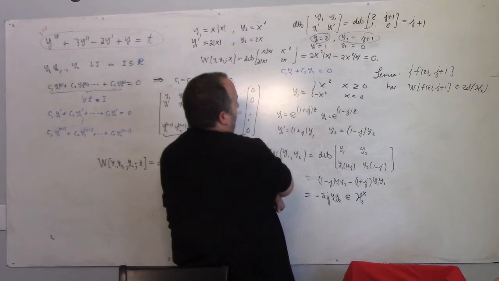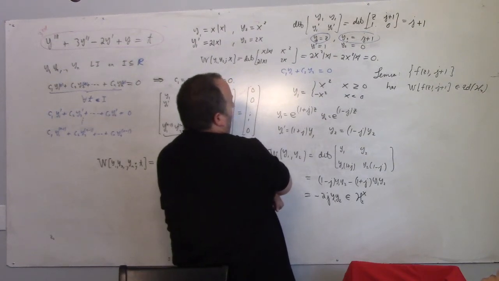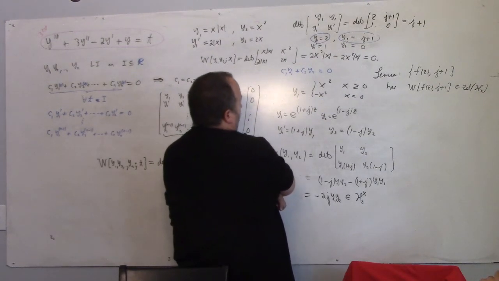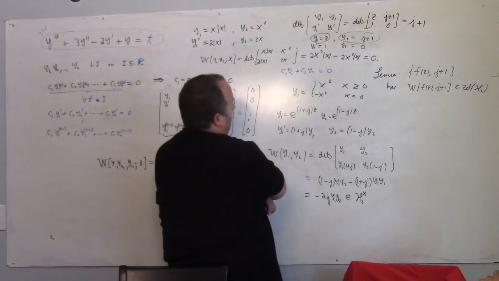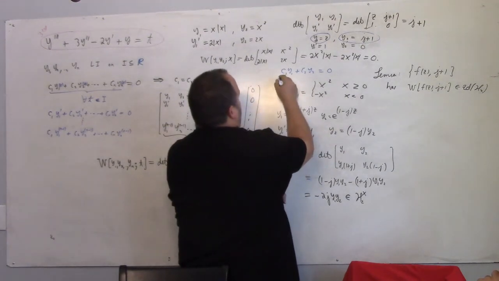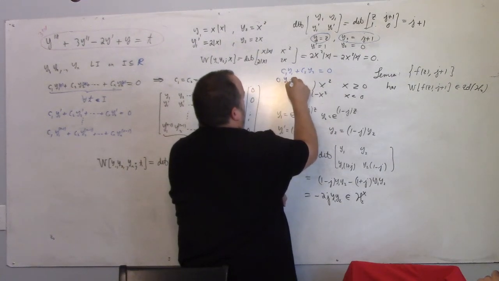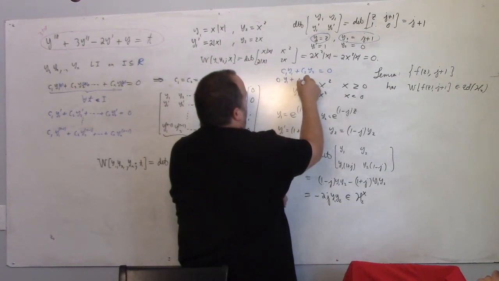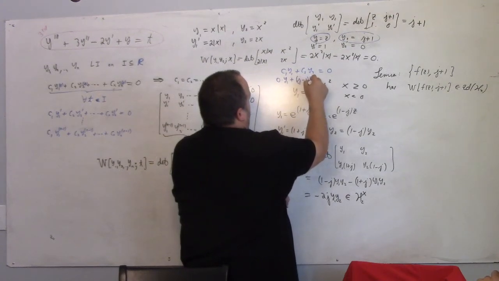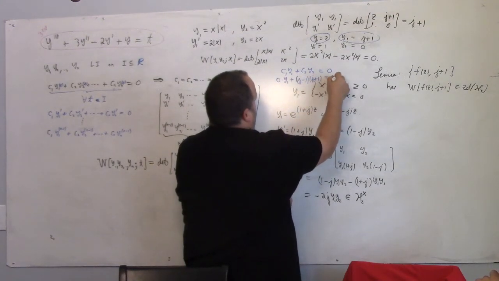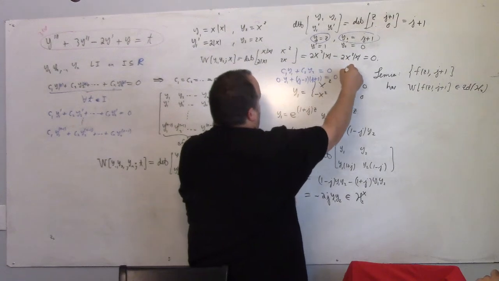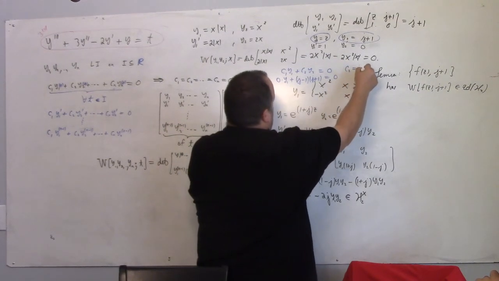Wait, no, that's linearly independent, right? Oh, okay, so I can do 0 times y1 plus, really any constant, j minus 1 times j plus 1. That's 0, and yet c2 equal to j minus 1 is not equal to 0.